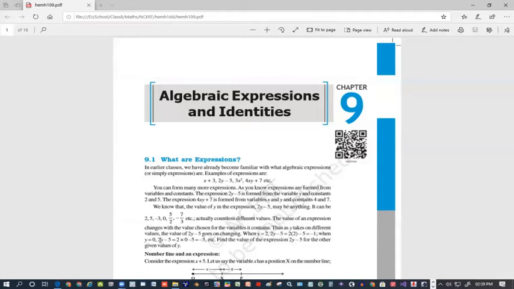And when y is 0, 2y will be 0, so the answer will be just minus 5. So find the value of the expression 2y minus 5 for other given values of y. You have to check with other values like 1, 2, 3, 4, 5 and from minus 1 to minus 5. You can verify yourself.